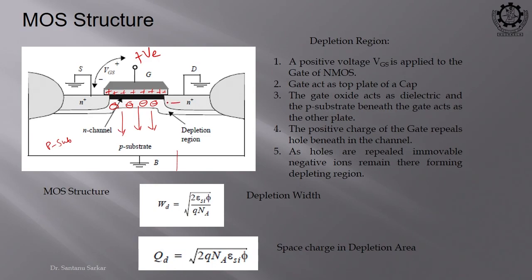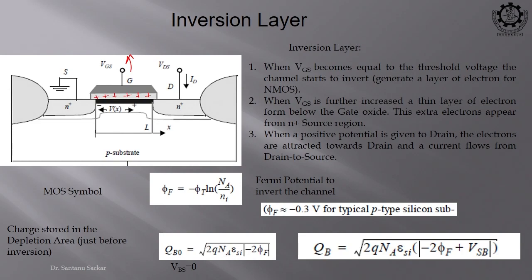It will attract the electrons from the nearest region, because the nearest regions are like a pool of electrons. So, these electrons will feel an attraction towards this vertical field, right. Few electrons will start to get inside the channel, and they will balance the total number of plus and minus charges.